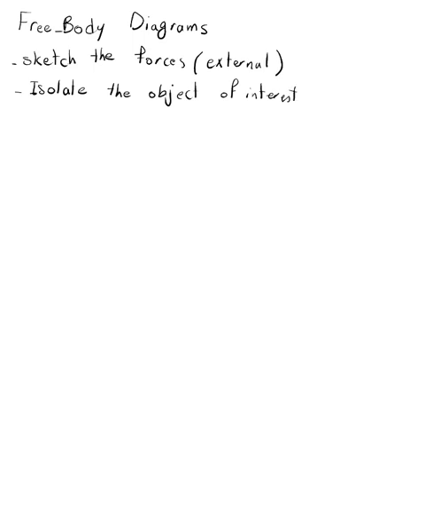This means that you're going to replace the object with a point particle of the same mass and then apply each of the forces acting on the object to that point. For example, if you have a box that is hanging from the ceiling, the normal sketch will look something like this.